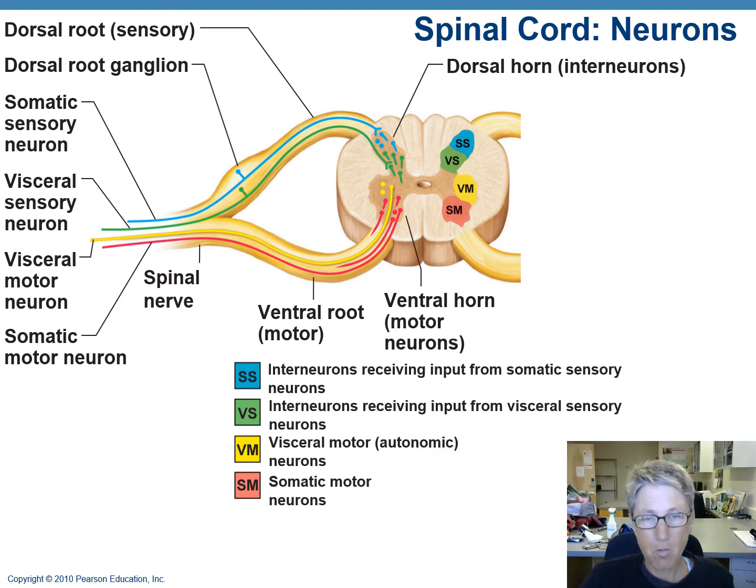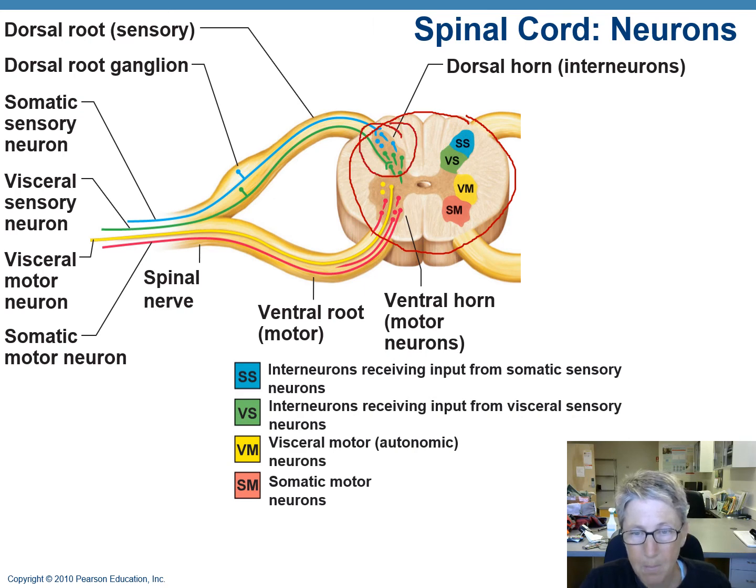So in this cartoon, it shows the spinal cord in cross section here, and then it's got the gray matter of the spinal cord. So this would be the dorsal horn, this would be the lateral horn, and this would be the ventral horn.